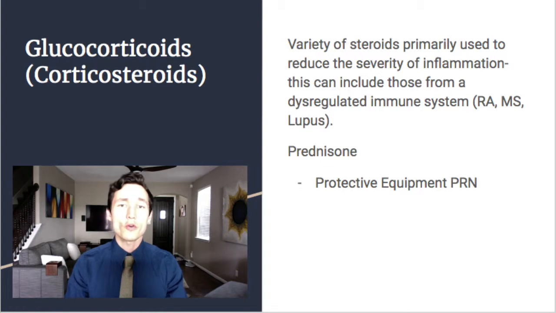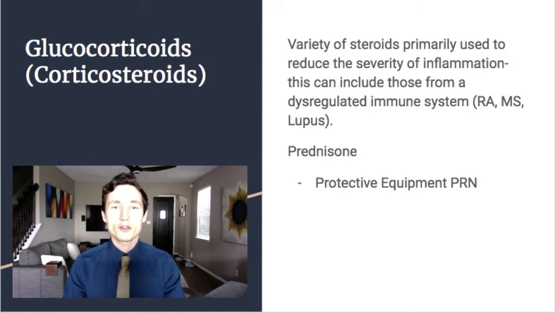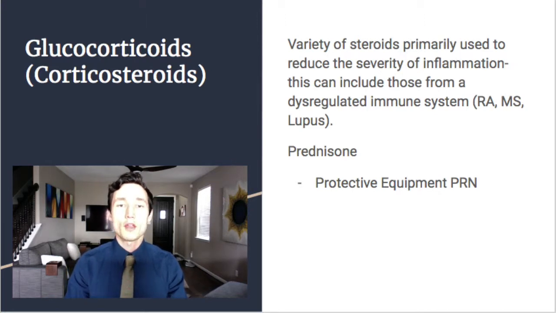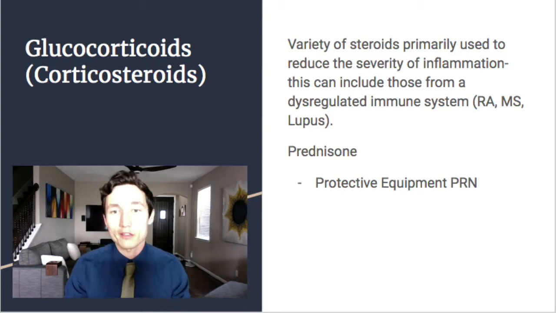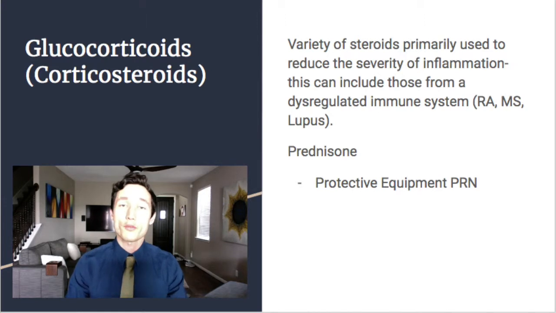For glucocorticoids or corticosteroids, these can be a variety of steroids primarily aimed at reducing inflammation, and sometimes this can be inflammation from an autoimmune disorder or a dysregulated immune system, like in the case of rheumatoid arthritis, multiple sclerosis, lupus. But it doesn't have to be an autoimmune disorder creating the inflammation.